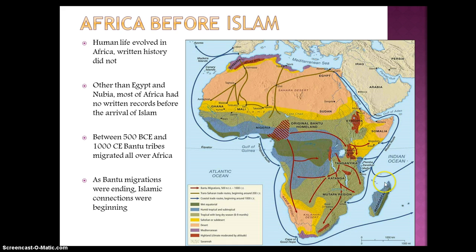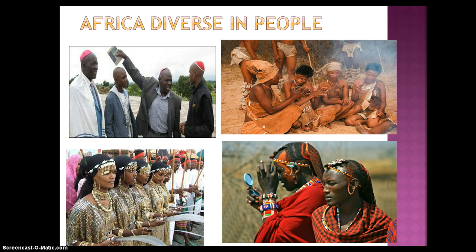And then you're going to have a different set of circumstances as we go further south. Africa is very diverse. Most people know that. If they know anything about Africa, the idea of it being diverse is usually one of the things that comes to mind for people.